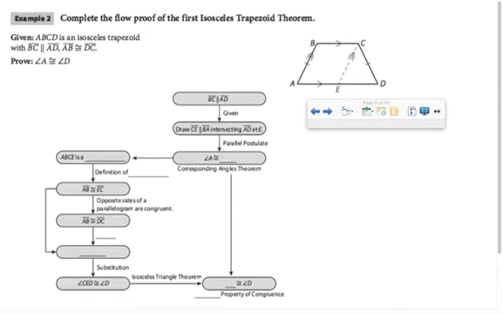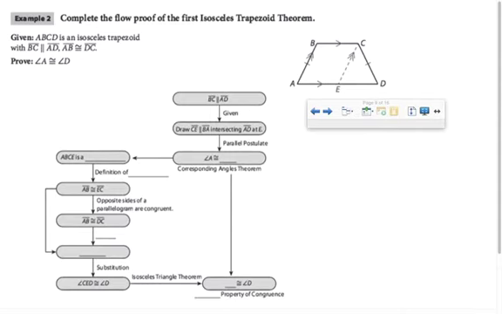In this proof, we are given that ABCD is an isosceles trapezoid. And then the rest of the given is just clarifying that definition, the fact that BC must therefore be parallel to AD and AB is congruent to CD. So I'm given that BC is parallel to AD, and in addition to that, they said draw CE parallel to BA intersecting AD at E. I drew a parallel line because I'm allowed to do that because of the parallel postulate.